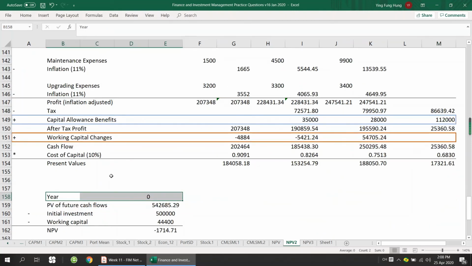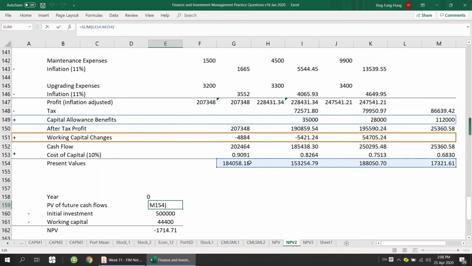The present value for year 0, or the present value today, can be obtained by summing up all of the present values from year 1 to year 4. If you can see this one, it adds up all of the present values from year 1 to year 4, which will give us a total of 542.68529 thousand.